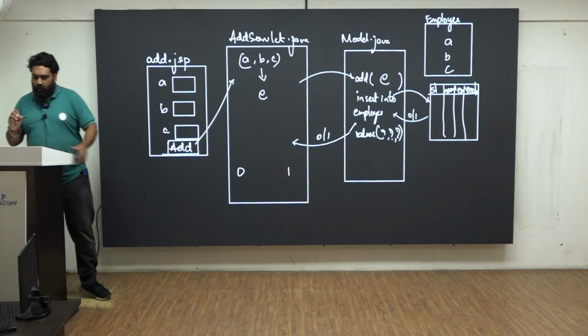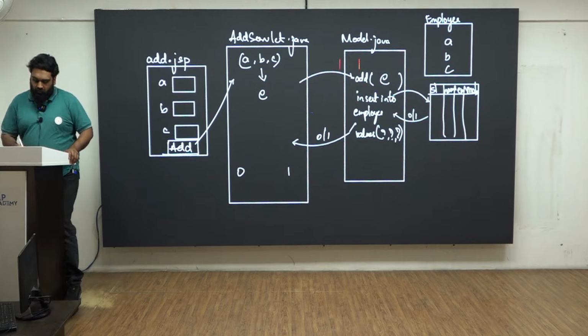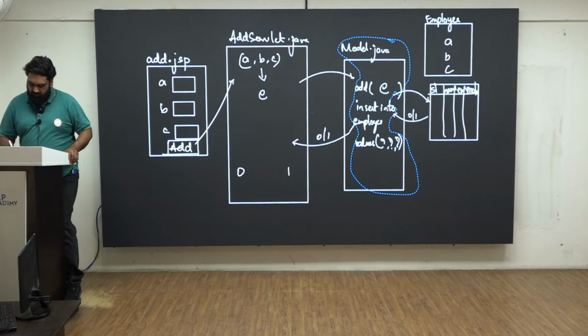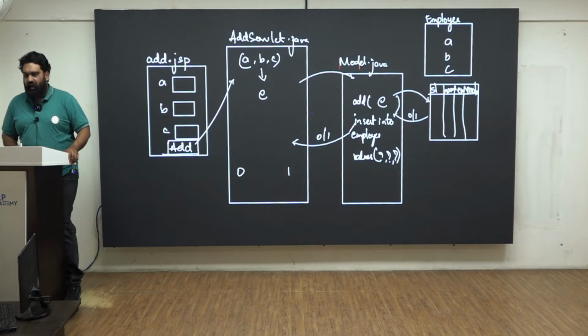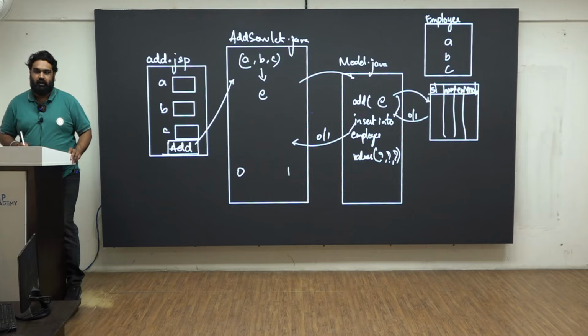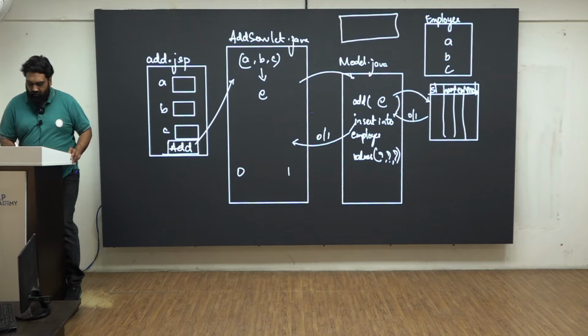Alright. So now for this, whatever model.java I have written, maybe it has to follow some standards of writing the code, and for that standard of writing the code, I will create one interface.